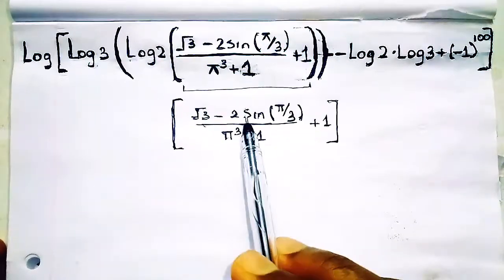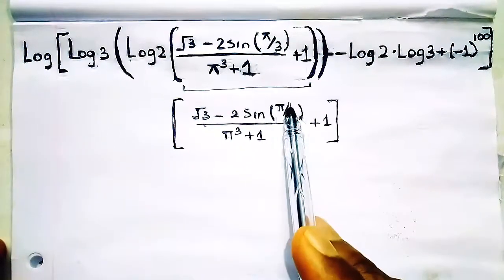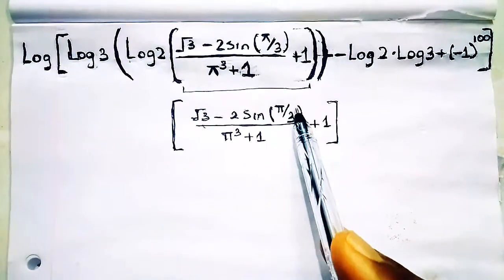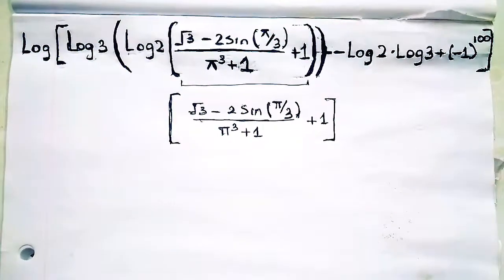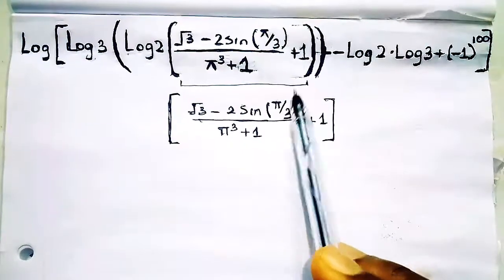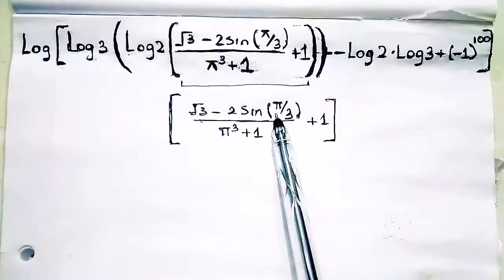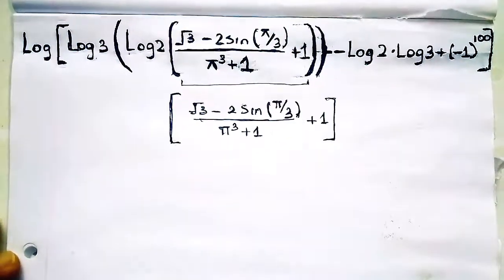So now let's solve this: 2 sine pi over 3. Now you know that this is in radians, right? This is actually an angle, but it's written in radians. So to calculate the sine of this angle, we just have to turn this radians into degrees, right? And we know that pi in degrees is 180 degrees. So we just substitute pi for 180 degrees.